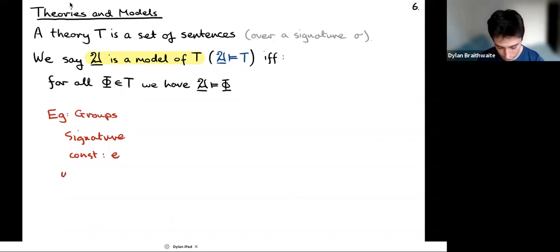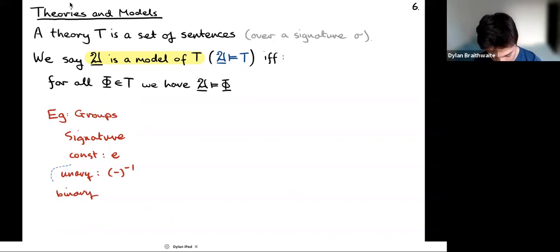It'll have one unary function symbol, and that will send an element to its inverse, so I'll write it like that. And then there's a binary function symbol. That's a function rather than a relation, and that will just be the group operation.